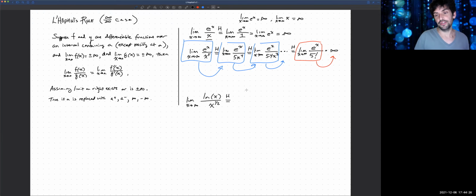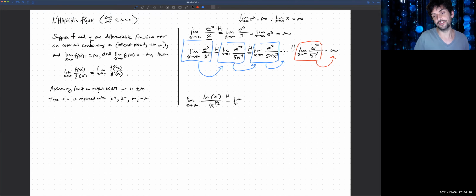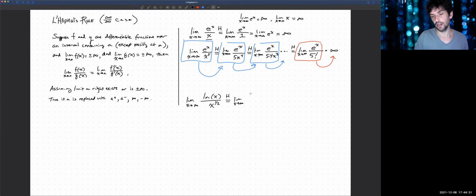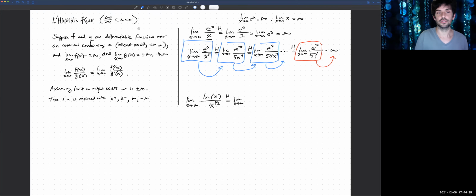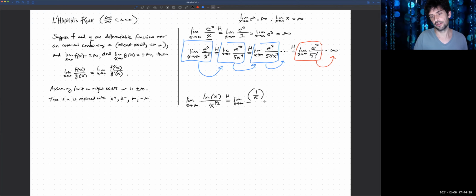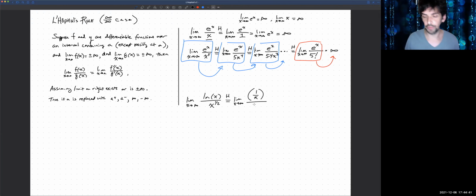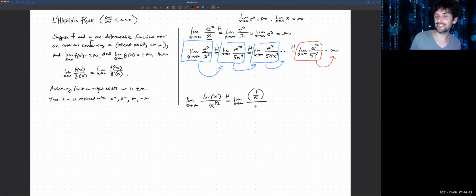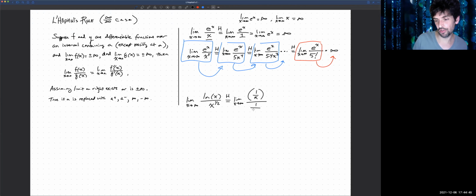So I'll take derivatives. I get the limit as x goes to infinity of 1 over x over 1/2 x to the negative 1/2, or 1 over 2x to the 1/2.